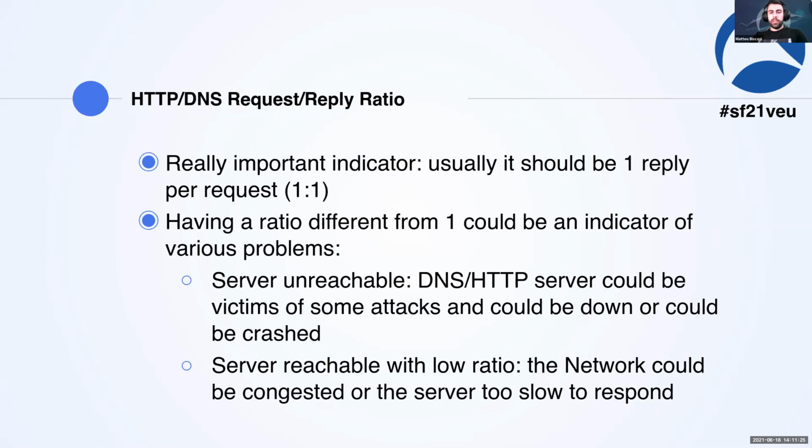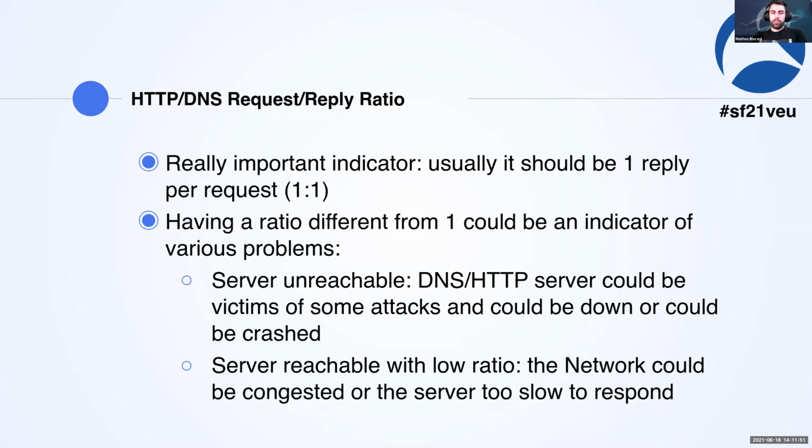Now let's take a look at the scripts I developed. First of all, we have the HTTP and DNS request reply ratio. They are really important scripts because usually in HTTP and DNS protocols, you have one request and then one reply.